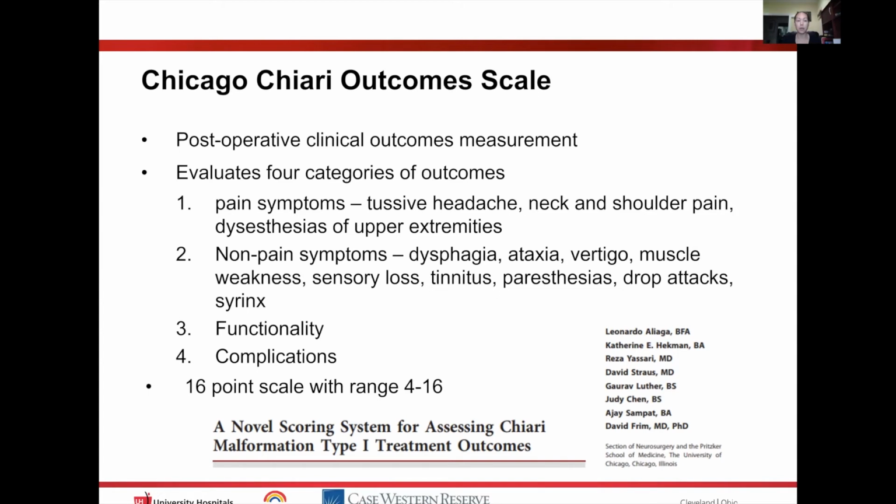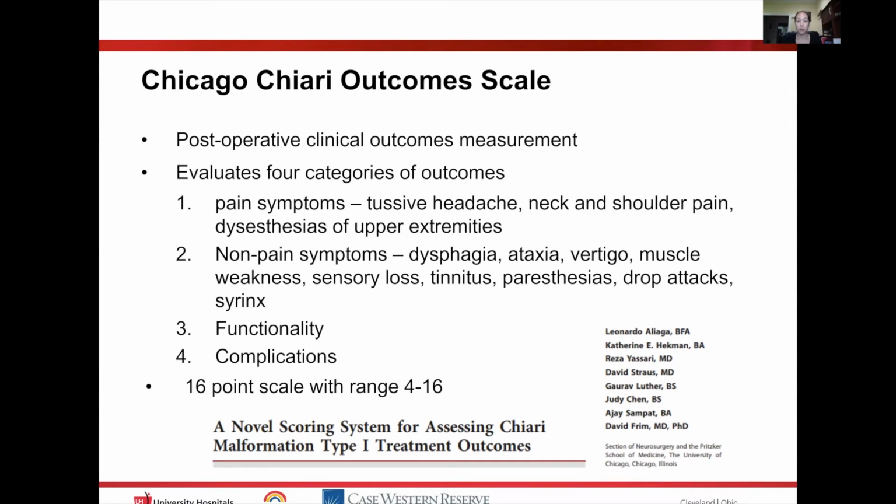This is a postoperative clinical outcomes measurement, based on their clinical outcome, not a quality of life measurement. It evaluates things in 4 categories. They have pain symptoms, which included anything like their tussive headache, neck or shoulder pain, or any dysesthesias of the upper extremities.